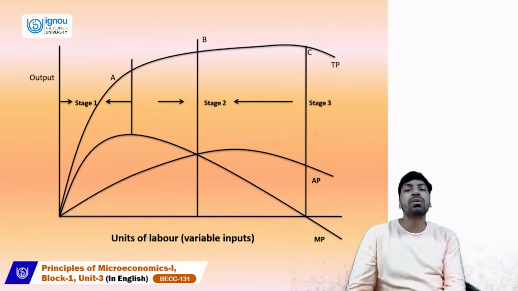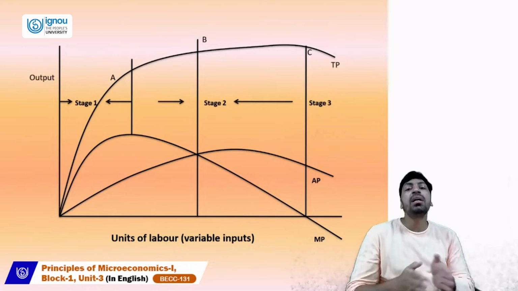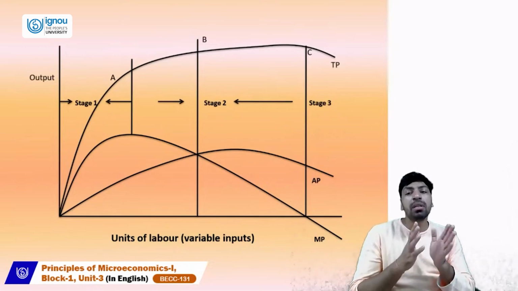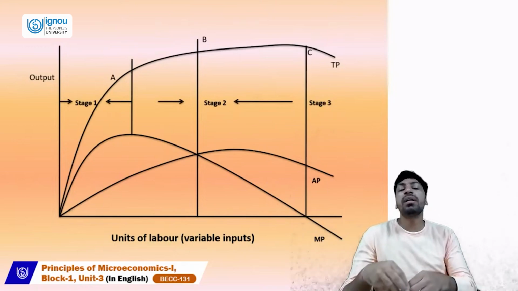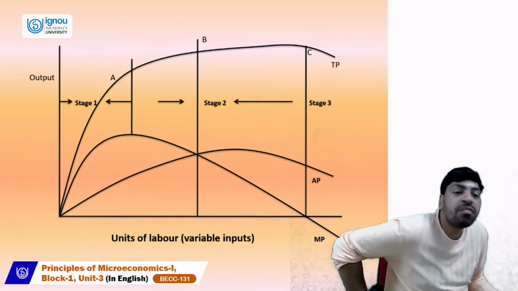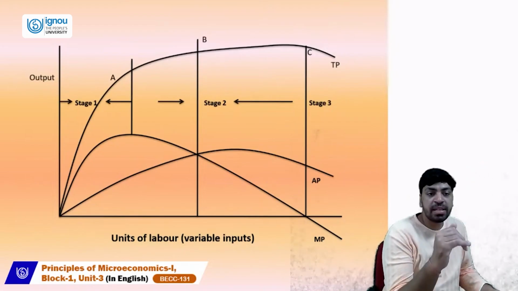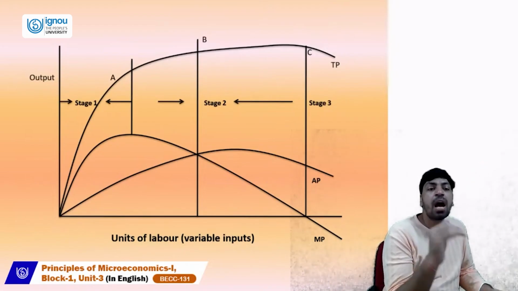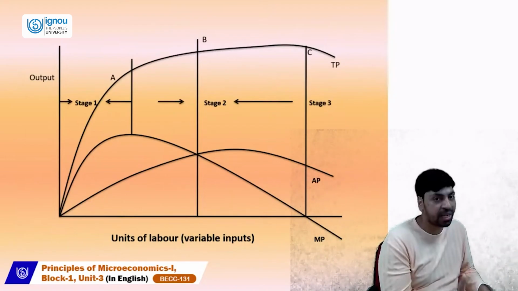So let's focus on total product. Total product shows the total production of all the output using a given set of inputs. So when we talk about the law of variable proportion, here you can see the level of output is increasing at an increasing rate.